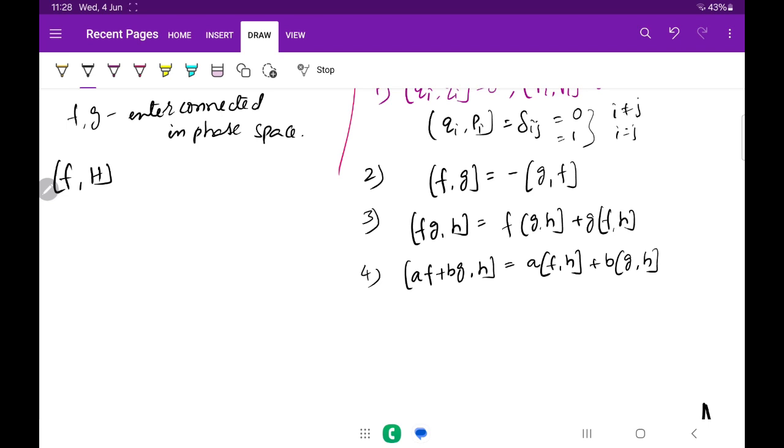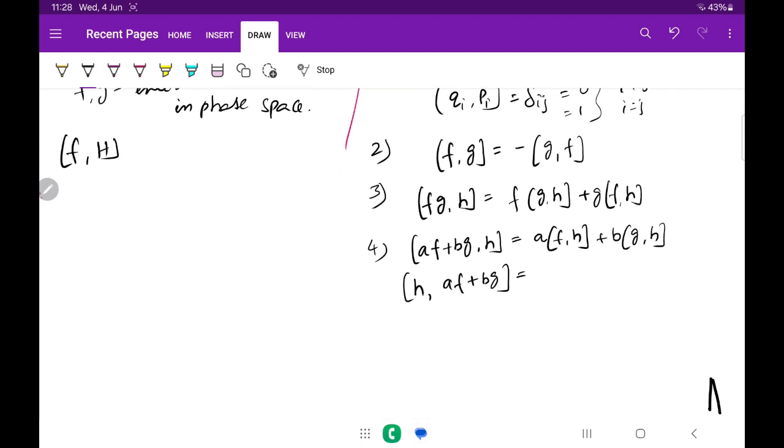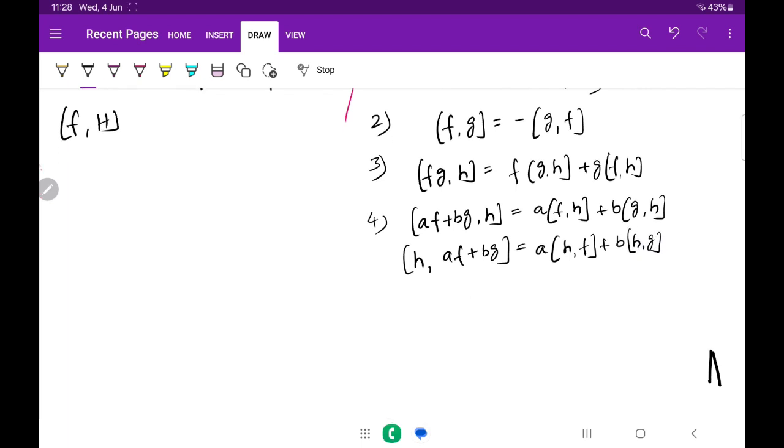Similarly, [h, af + bg] equals a[h, f] plus b[h, g]. So Poisson brackets are linear in both arguments. Here a, b are constants.